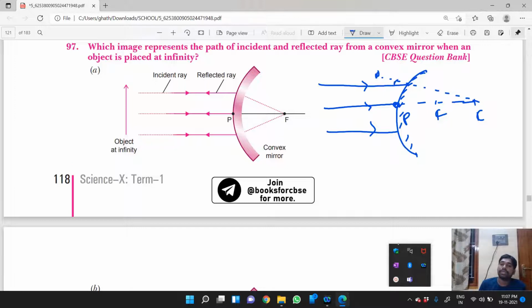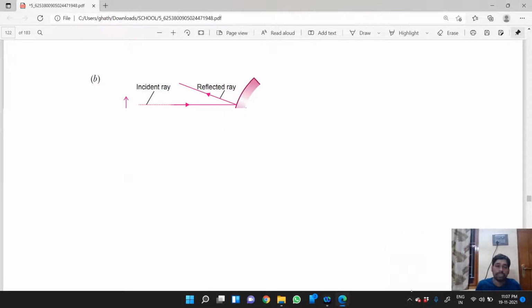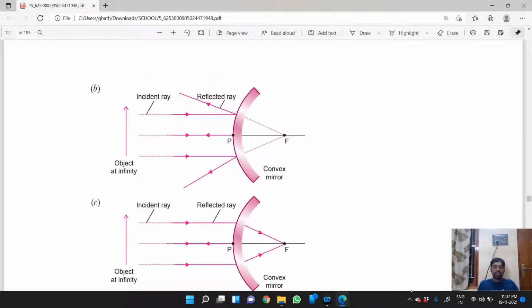If I is the angle of incidence, R is the angle of reflection. Similarly here also, with the same angle it gets reflected. After reflection, they appear to meet at a point that is called the focus. This ray is incident along the center of curvature, so it retraces. So this is a correct diagram. We have to identify it from the diagrams below. So if you see, diagram B is the exact answer for that question.